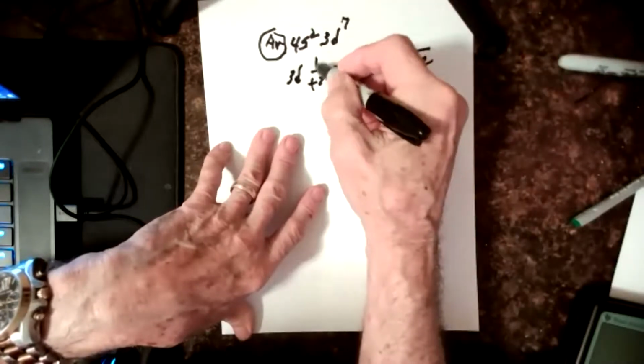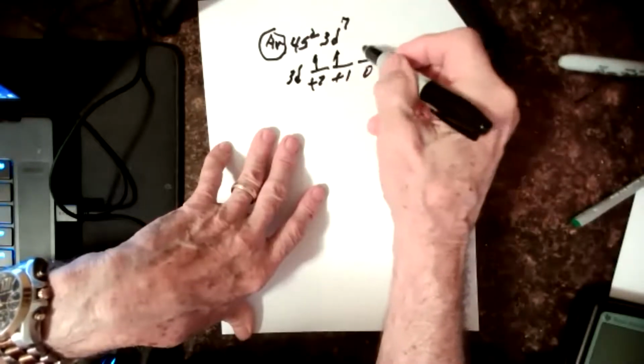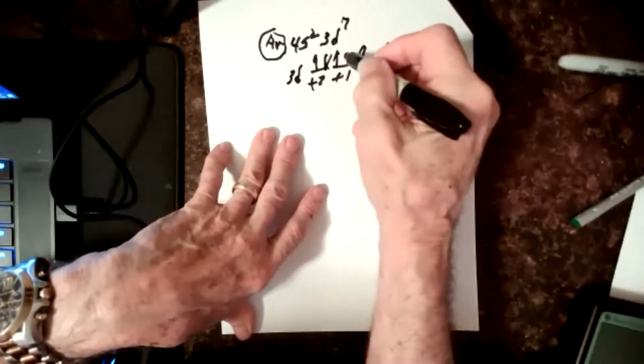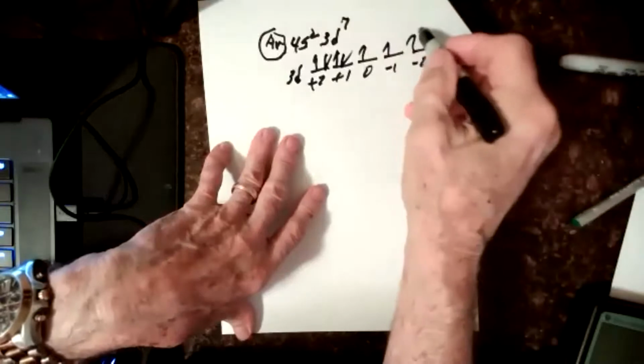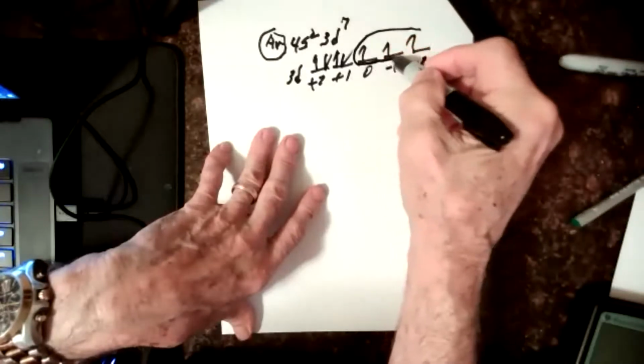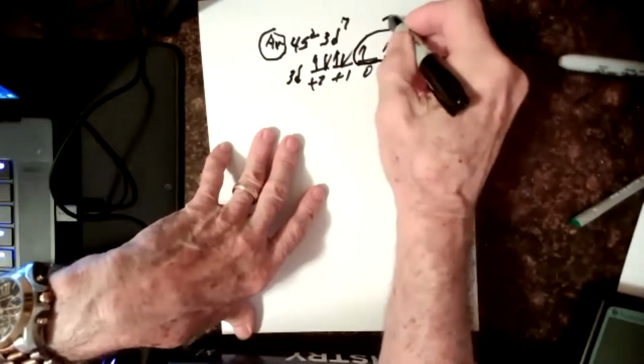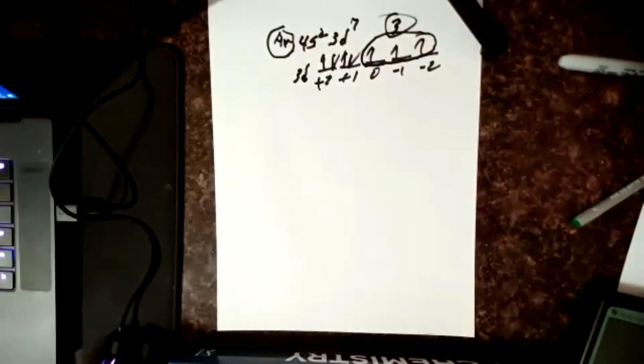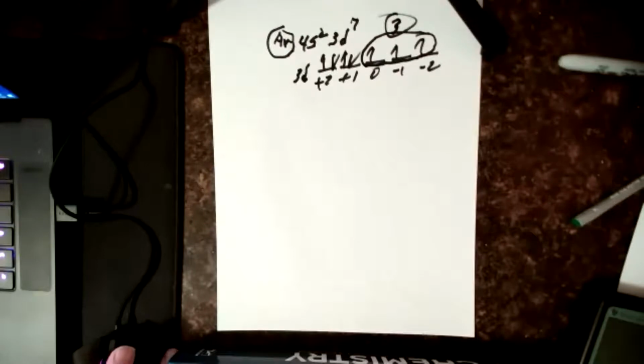I've got 7. 1, 2, 3, 4, 5, 6, 7. So there's my answer. It's an argon core with 3 unpaired electrons. And that would be C.